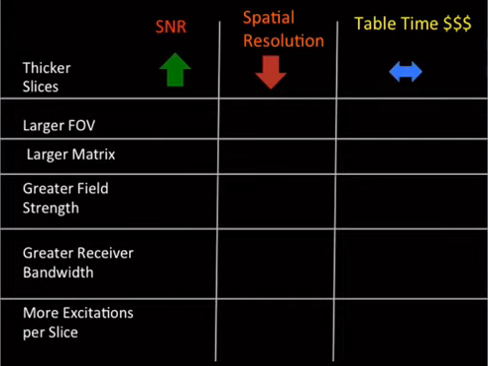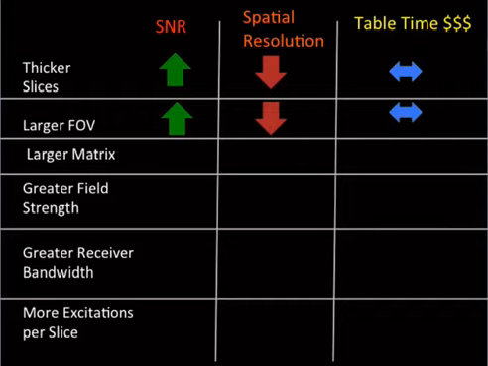So, and then large field of view, remember, signal to noise ratio is basically the opposite of spatial resolution because of the voxel size. So remember, you want to look in the microscope, and that has nothing to do with table time.